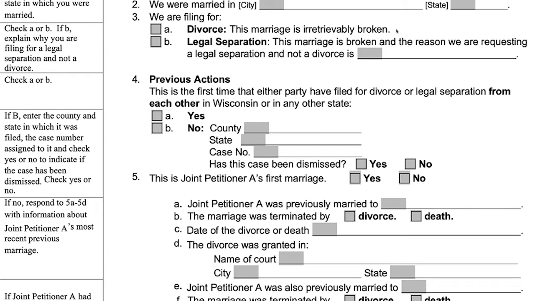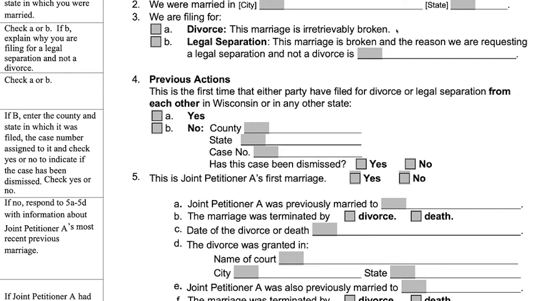You just say that the marriage is irretrievably broken. It doesn't matter if the other person was a bad spouse. It doesn't matter if there was infidelity. The court isn't going to take that into account when granting a legal divorce. The court just needs to know that the marriage is irretrievably broken.